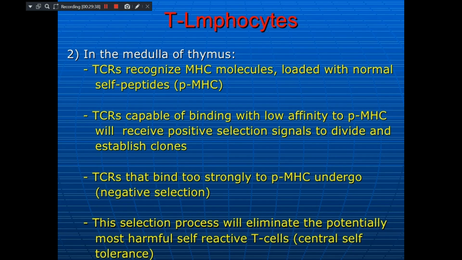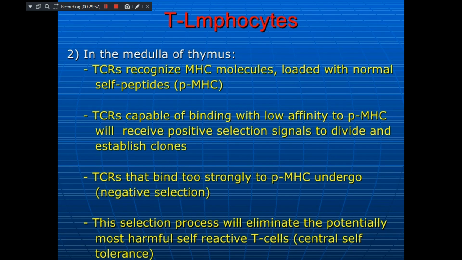It is known as pMHC, and these T cell receptors are capable of binding with low affinity to this pMHC, that is the self peptides, and they will receive positive selection.